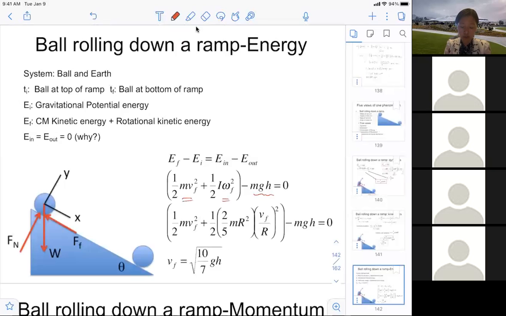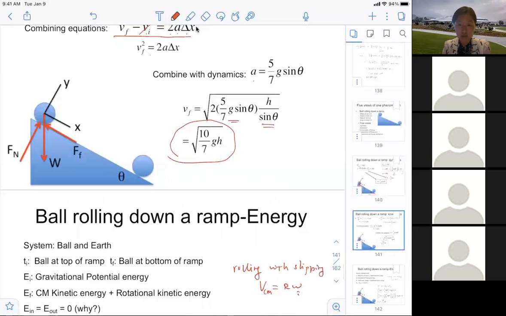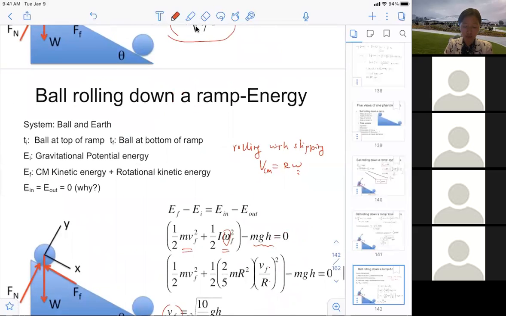The rotational velocity, if it's rolling without slipping, is always v equal to r omega. So you can replace your omega using v over r, and you can find your velocity at the bottom of the ramp. You can see this is a much easier approach, but it gives you the same result as the kinematics and dynamics approach.